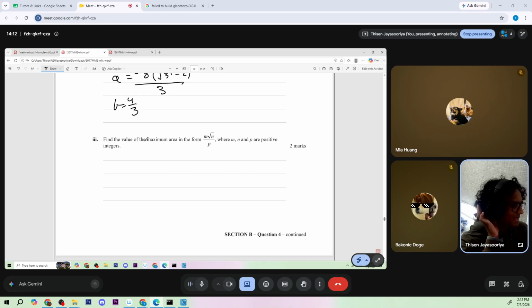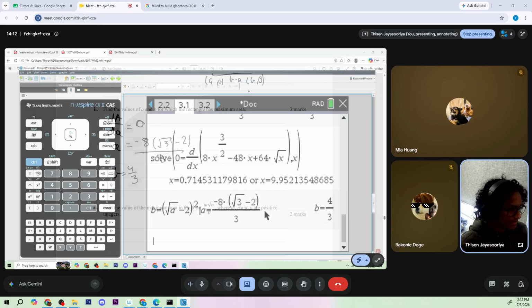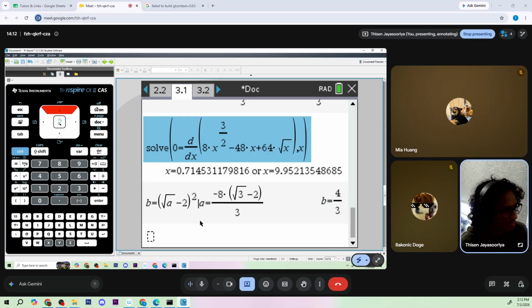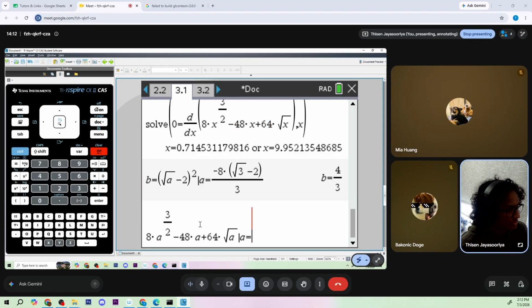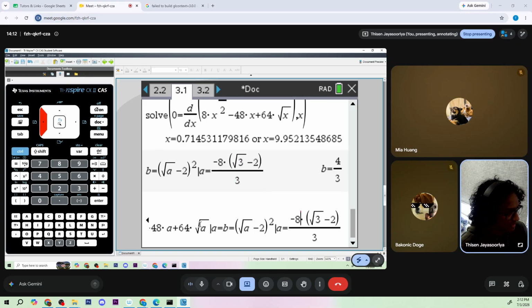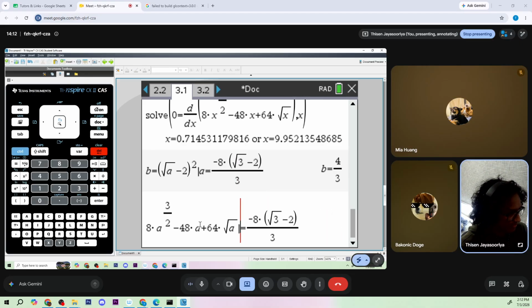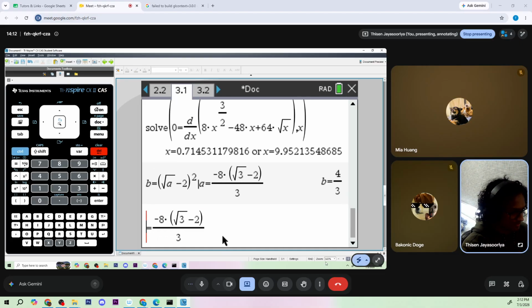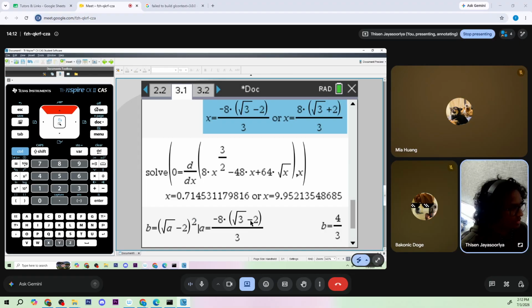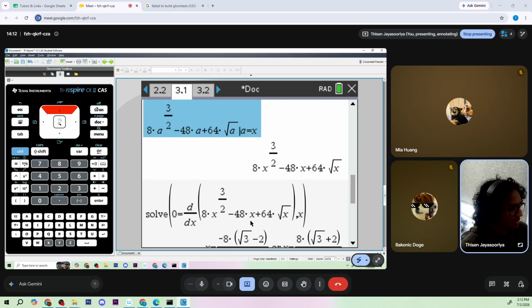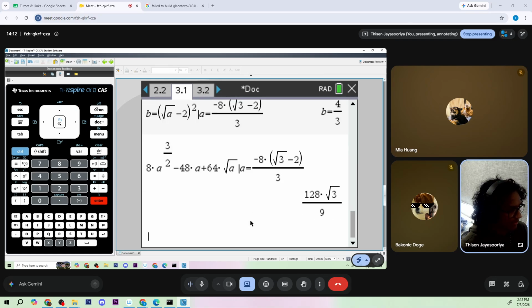Then it says find the maximum area of the rectangle. The maximum area is this thing here, where we just substitute in the value of a that we found. Let me just fix this real quick, so this is a at the front. Here I'm going to put a given that symbol, and then up here I'm going to copy and paste this one, because that's our area expression.